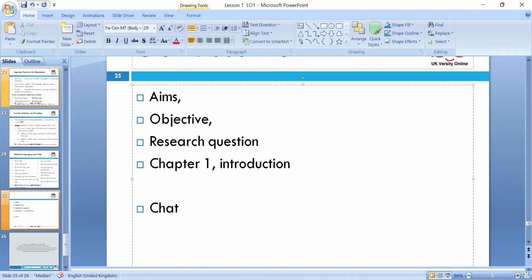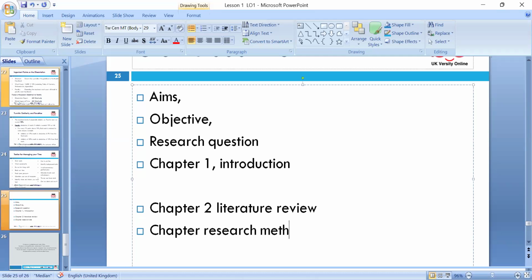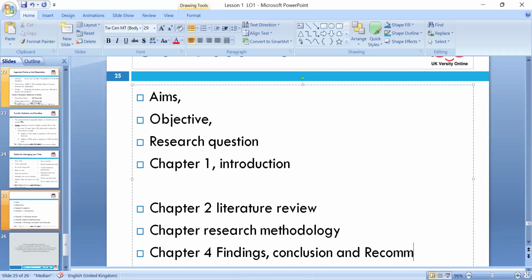Chapter 2 can be the literature review. Chapter 3 we can do research methodologies. Chapter 4 we can do findings, analysis and recommendation. Then we can do the conclusion and recommendation.